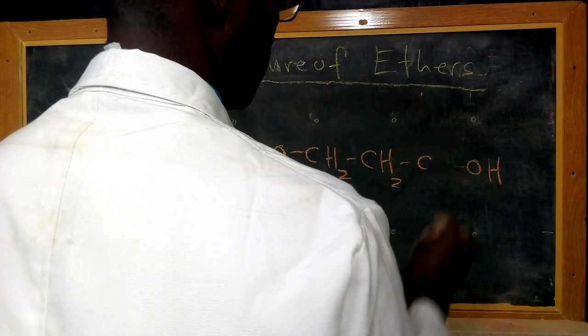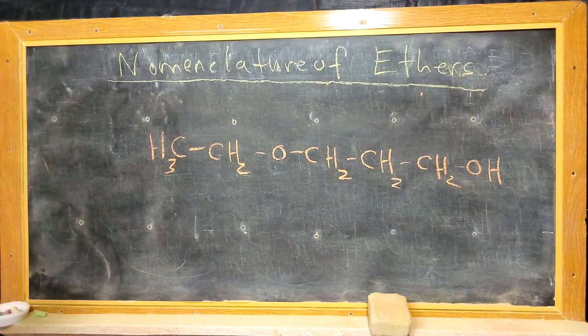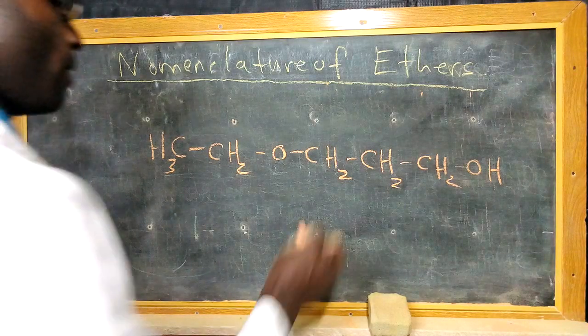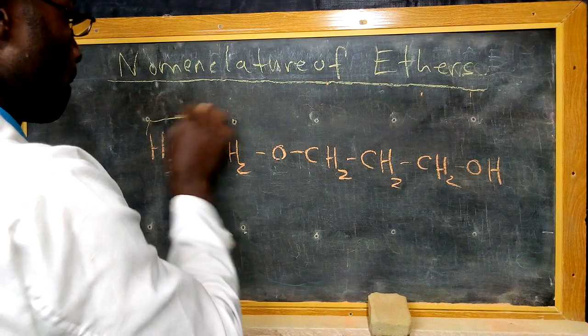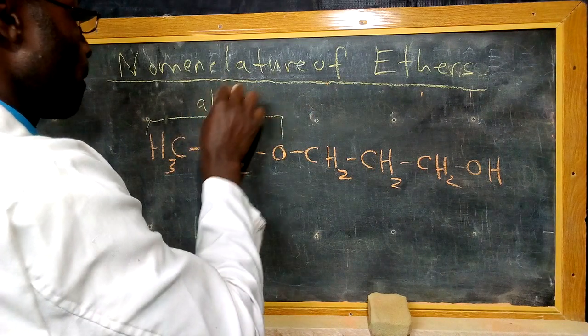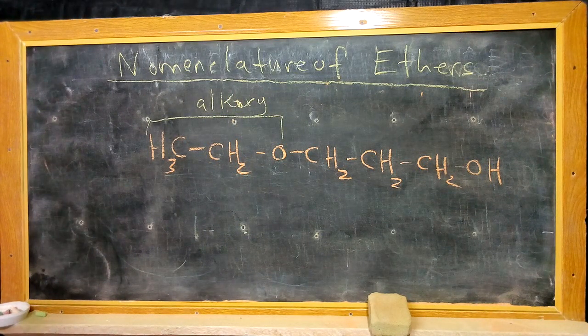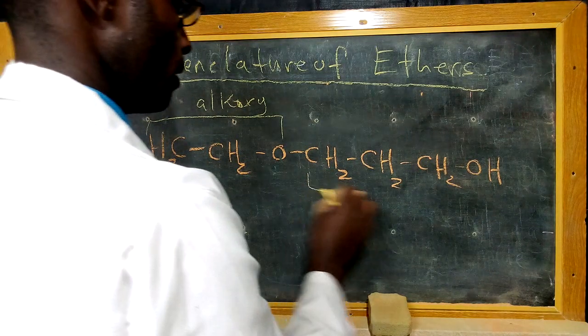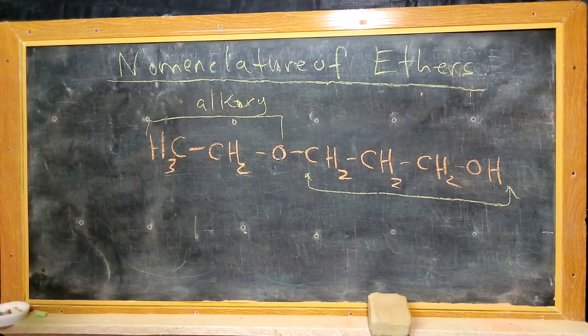Just indicate this one as H2. We have an OH group attached at that point. Then in that case, this is the alkoxide group, which we have said is treated as a substituent. Then the parent name, we shall look for in this other section of that structure.